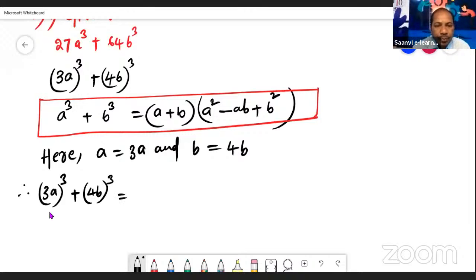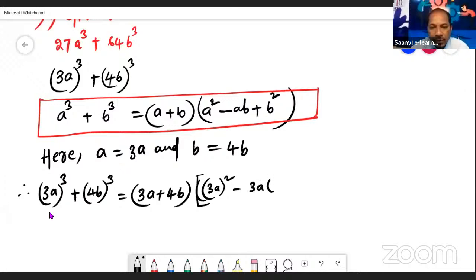is equal to a plus b, a value 3a plus b value is 4b, into a square means 3a whole square, minus ab means 3a into 4b, a value 3a, b value is 4b, plus b square means 4b whole square.